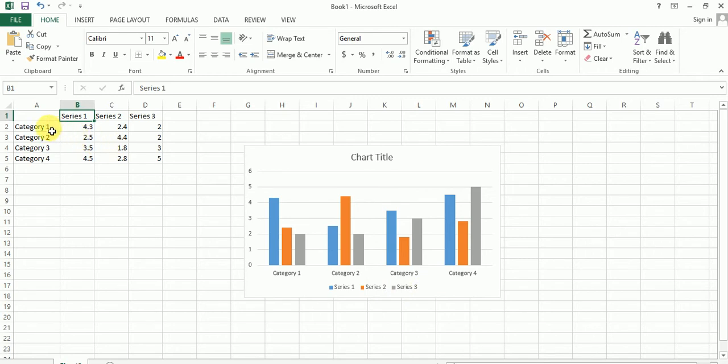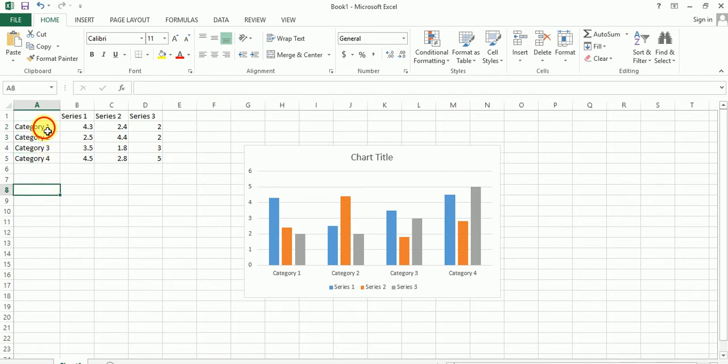And category 1, category 2, category 3, category 4: we already entered these categories in a column. But when you enter names in a column, the chart shows them in a row.